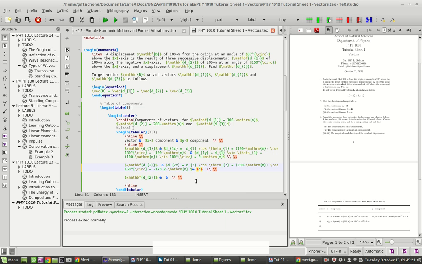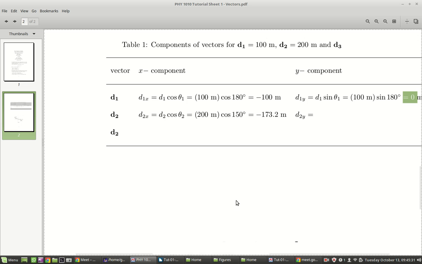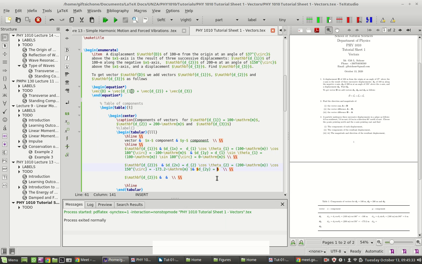d2y. How do you find d2y? The magnitude of d2, that is d2, times the sine of the angle it makes with the positive x-axis.